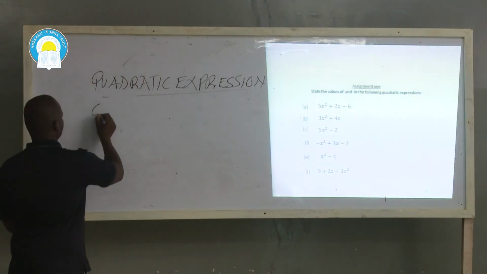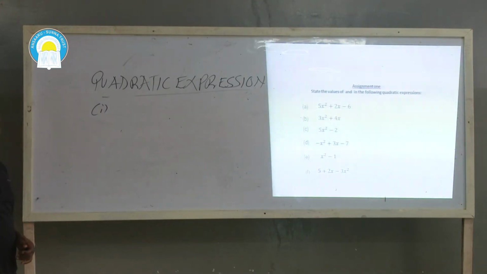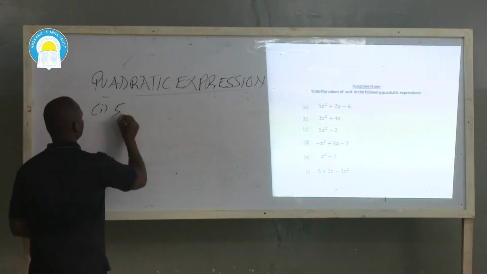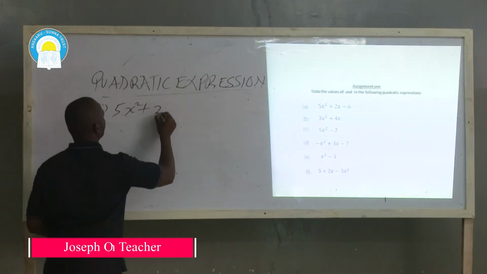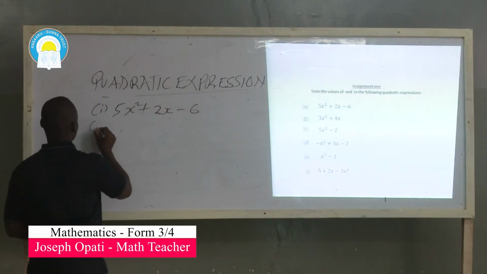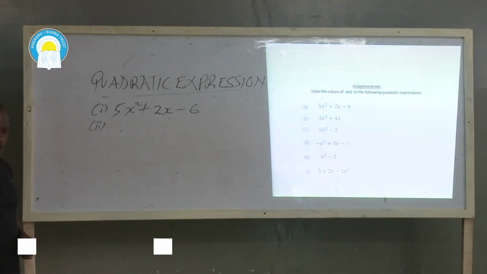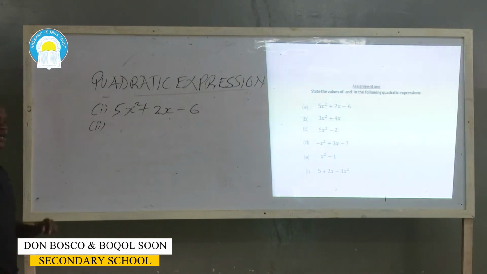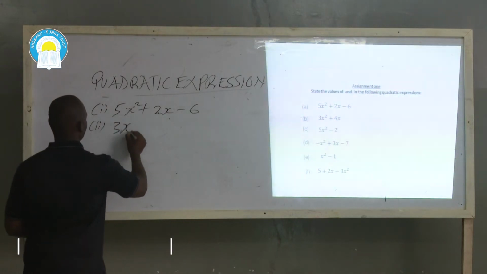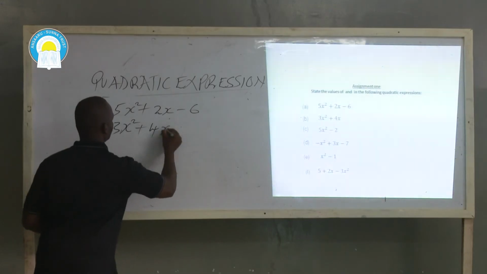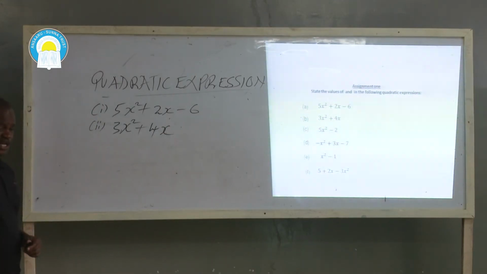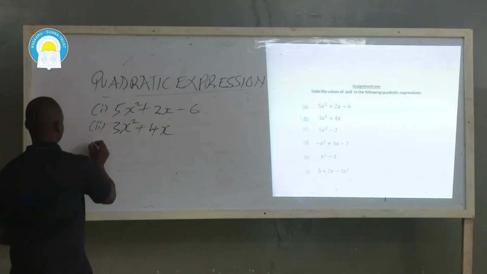So the first question is 5x squared plus 2x minus 6. Number 2, 3x squared plus 4x. The third one we have x squared minus 1.